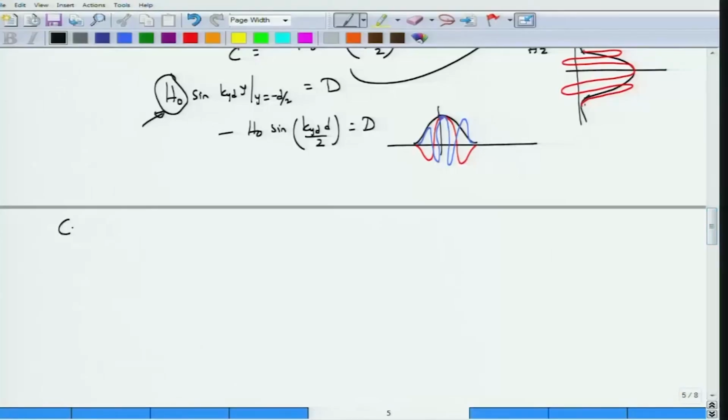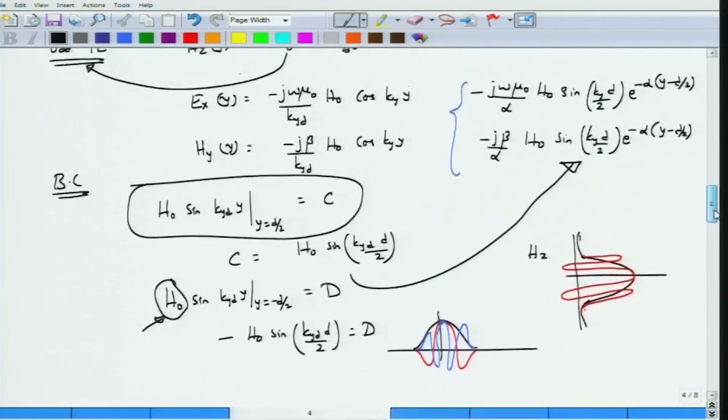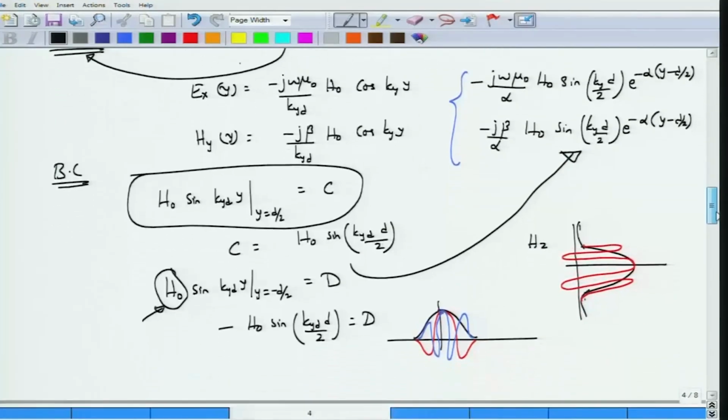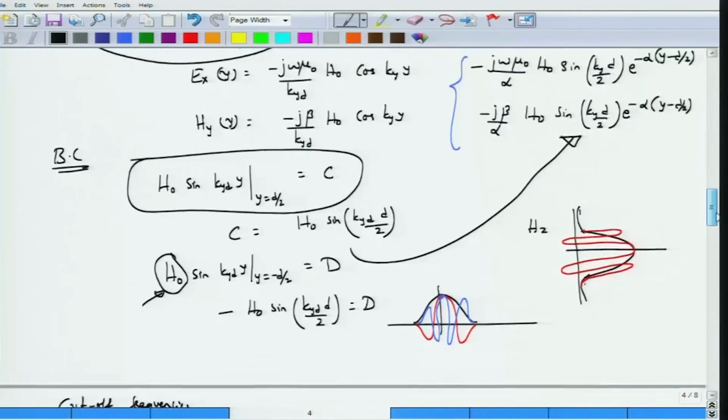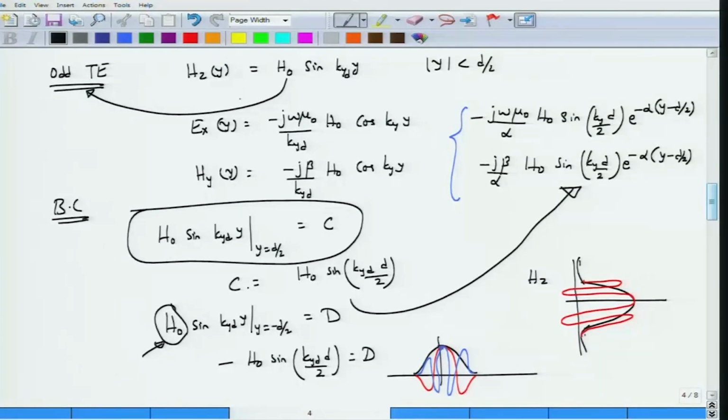Let us discuss one aspect, which is cutoff frequencies for these modes. So how do we define the cutoff frequencies? Well, when we have the propagation, you start with alpha, you also know what is ky_d. Alpha is basically given by writing down the boundary condition. You will be able to express the relationship between alpha and ky_d, because in one case I have H0 sin(ky_d d/2) and the other one will be a cos(ky_d d/2).